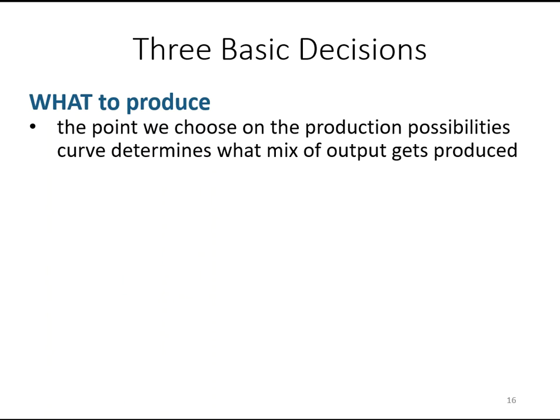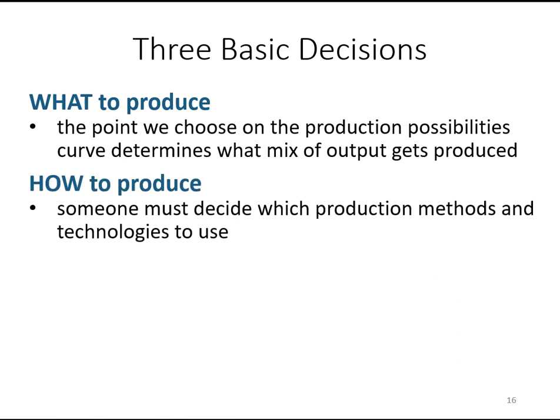Keep in mind, any point on the production possibility curve is efficient. But at which point we should produce depends entirely on the economy itself and the government policy directions.